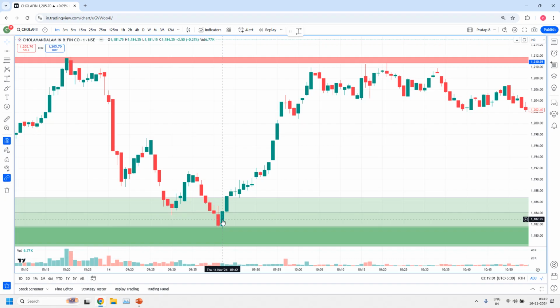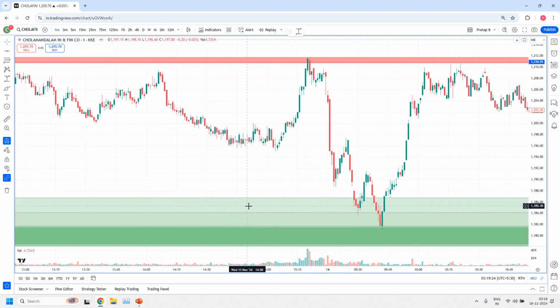In 40 minutes, you got 11.2% ROI. To get 11.2% interest rate for your investment in banks, how many years do you have to wait? 2 years or 3 years? But here, in just 40 minutes you got it.